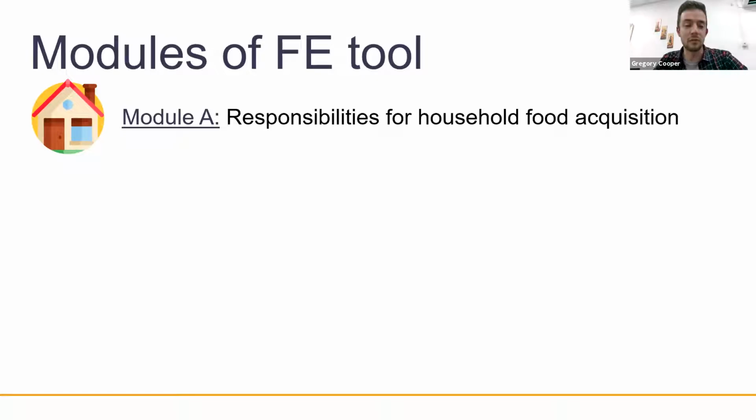So let's just have a quick run through of the modules of the food environment tool. What does the tool actually look like? The first module tries to capture who actually is in charge of getting food for household consumption within our cohort households. It's not always the mother, and we quickly realized that pregnant mothers, for example, may not have that responsibility, and it may be the husband or the mother-in-law.